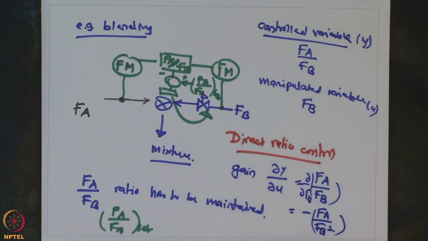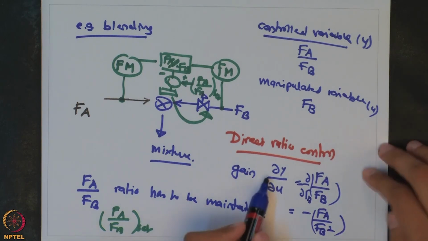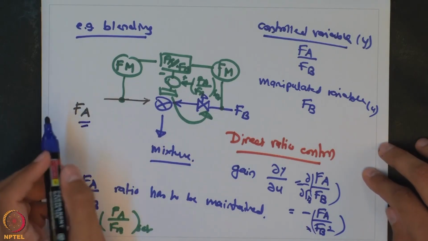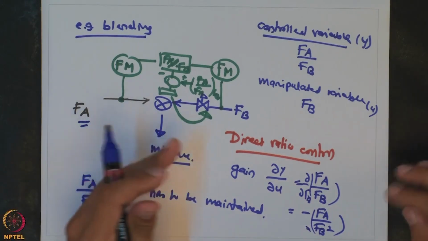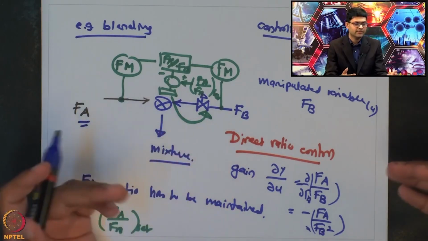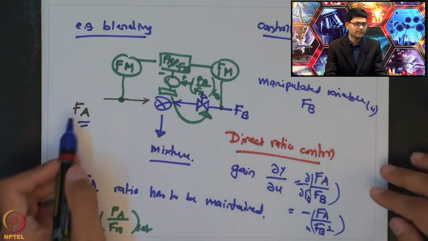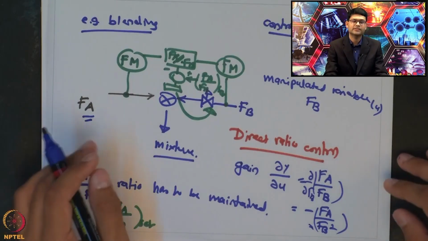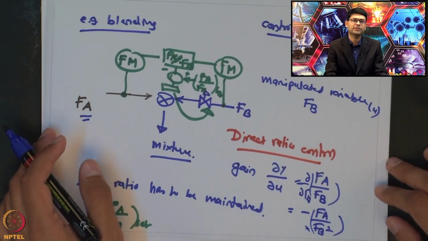So you will see that the gain of this controller is dependent on the instantaneous value of FA as well as FB. The gain of this system is going to be changing as FA and FB change. So this is a nonlinear system between the controlled variable and manipulated input.